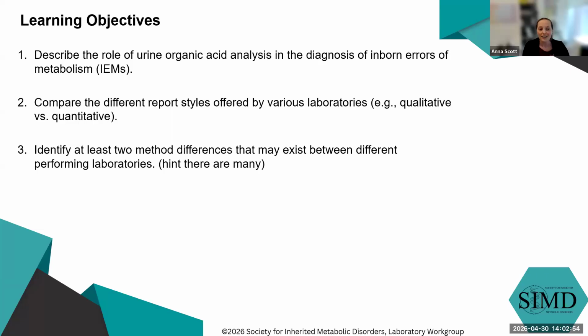We have qualitative and quantitative styles of reporting organic acids. And I'm hoping you can be aware of at least 2 method differences that may exist between different performing laboratories. There are many differences, and these can impact how different metabolites and compounds are detected, and their relative significance.